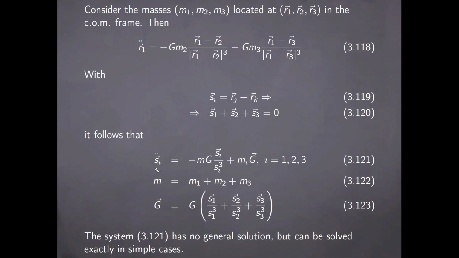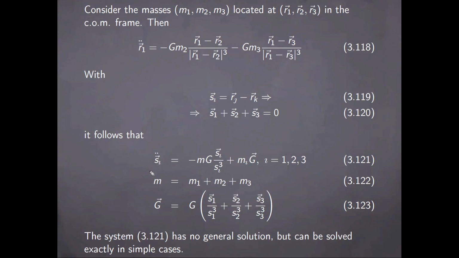So we can cast the system in the form of three equations for the s vectors, where the mass m is the sum of the masses of the three bodies, and the vector g is the sum of the s vectors divided by the cubes of their magnitudes, and multiplied by Newton's gravitational constant.